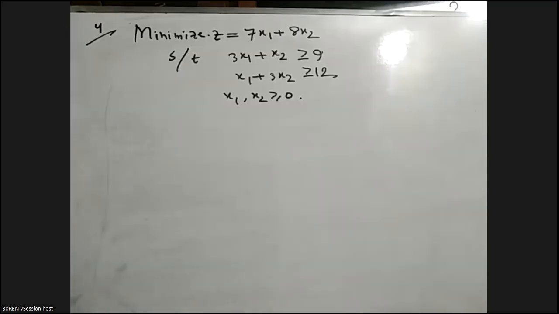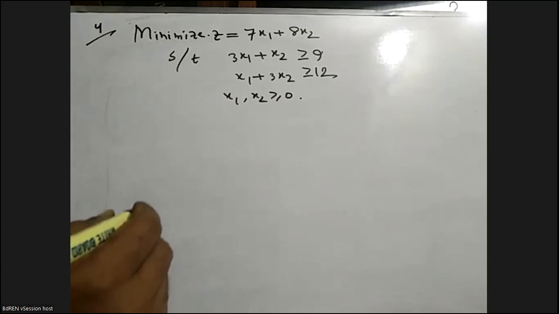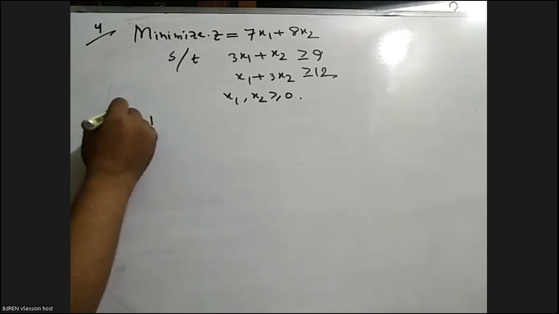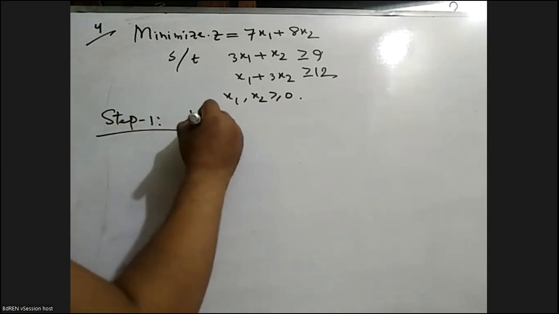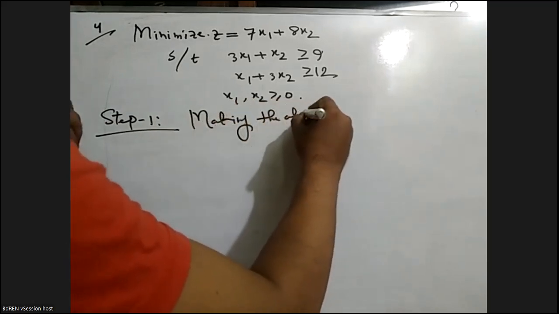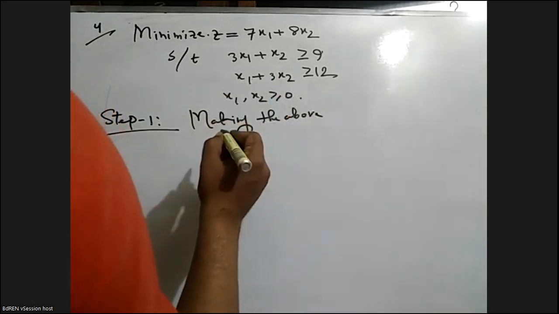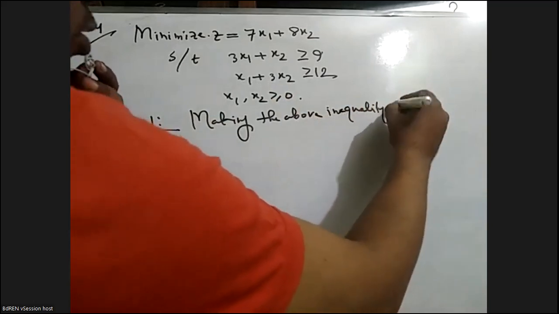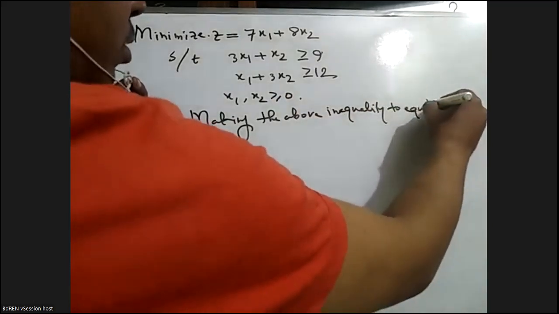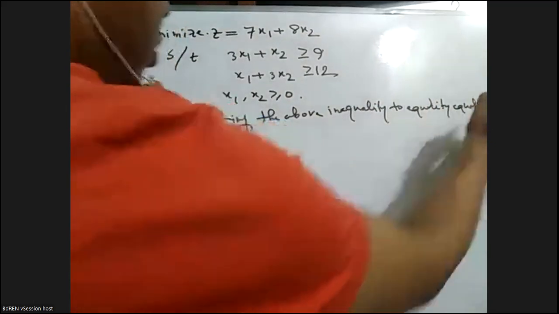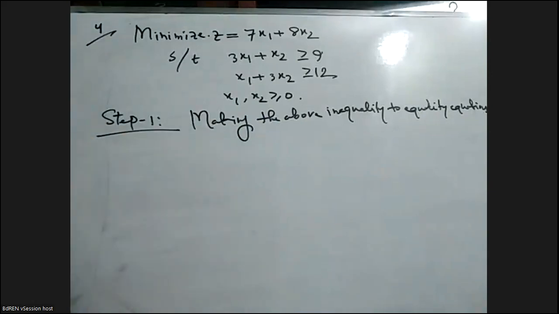Now similarly, problem number 4. This is actually a minimization problem. First of all, step 1: making the above inequalities into equality equations.